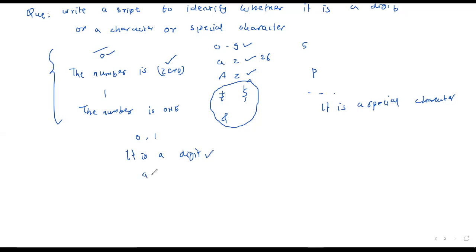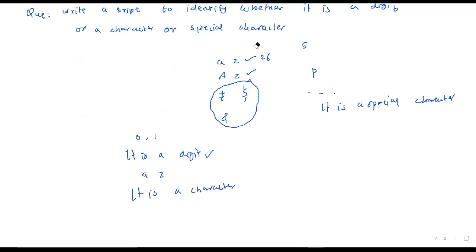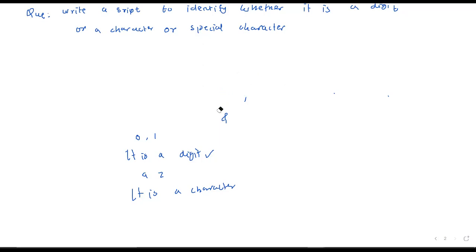For A to Z, the action is: it is a character. So we have the same action. When there are a large number of variables and only one action for them, we have one syntax for writing those variables.